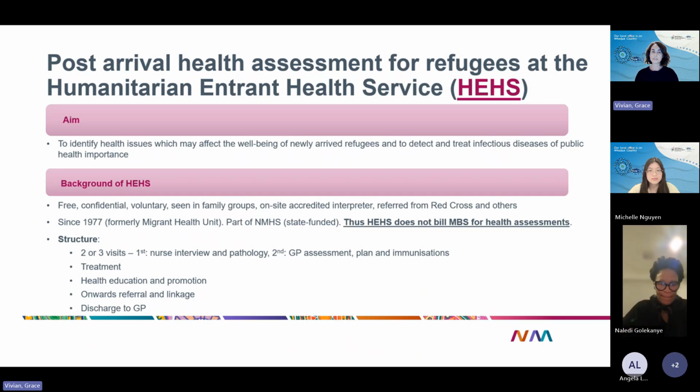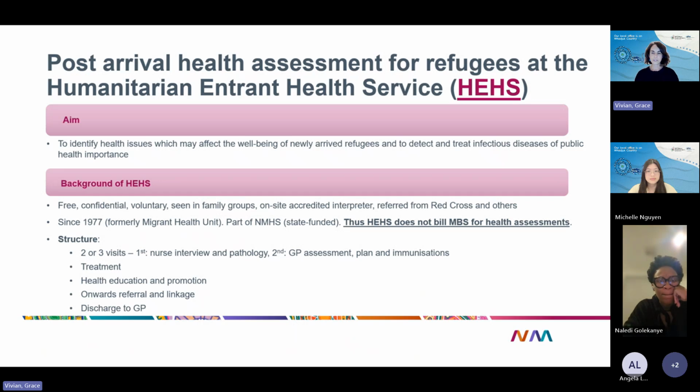So when we see people, we see them in groups with an interpreter, and it's a free service. Usually we spread our appointments out over 2 visits. The first is where the nurse does a comprehensive interview, bloods are taken, and then at the second appointment, the GP or our nurse practitioner will review the bloods, instigate treatments, make a plan, and do a catch-up immunisation schedule, which is initiated by our nurse.